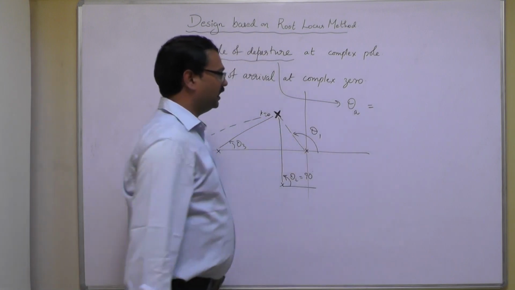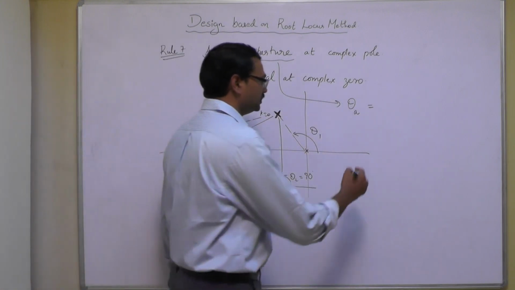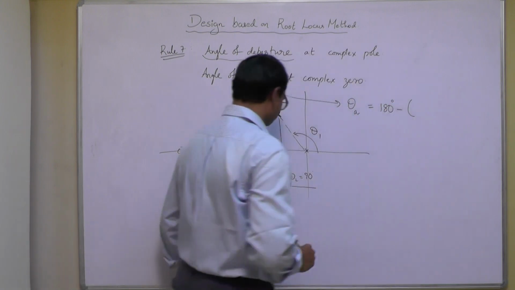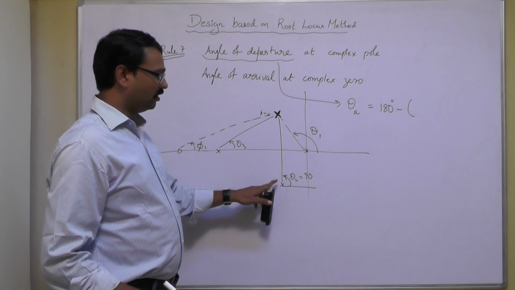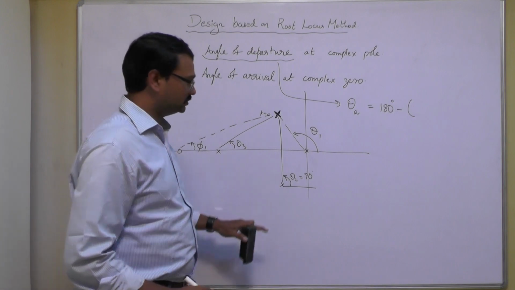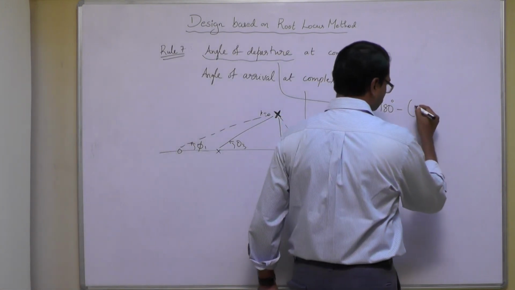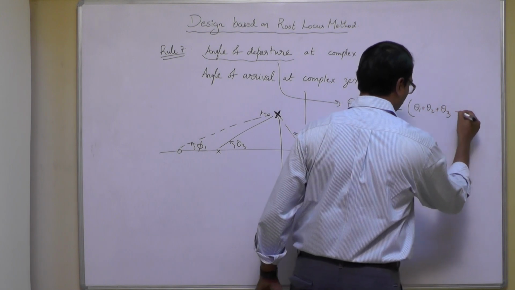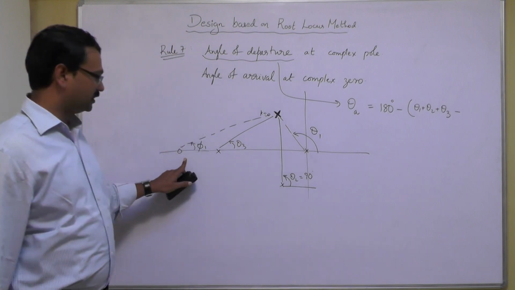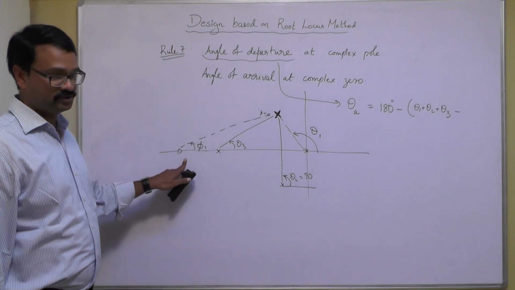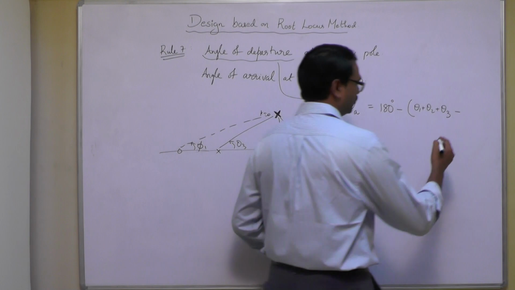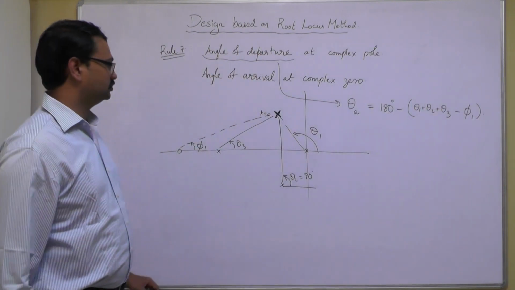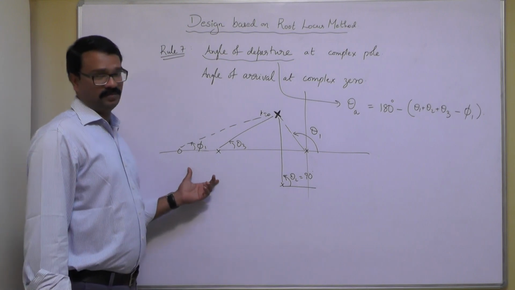Theta A is nothing but 180 degrees minus the sum of all angle contributions of all poles at this pole, theta 1, theta 2, theta 3, minus the sum of all angle contributions of all zeros at this pole, phi 1. So, this is your angle of departure.